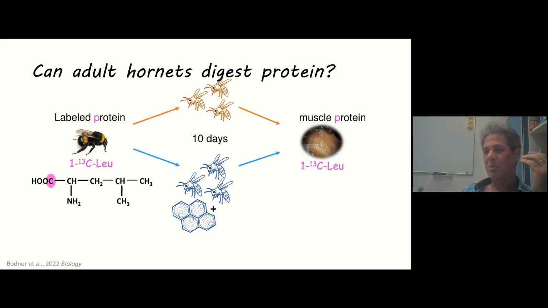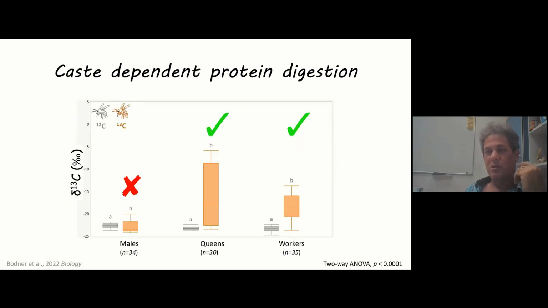So we can be sure that every labeled carbon that we find in the body of the bee later is related to a labeled protein. Then we fed these bees to hornets with or without their larvae, and we tested the muscle of these hornets after 10 days. And what we found is that hornets can break protein.